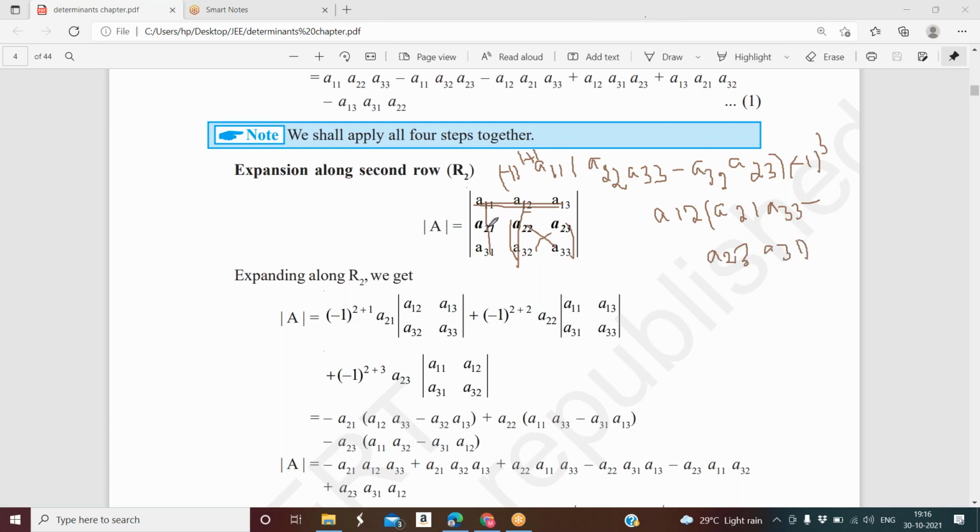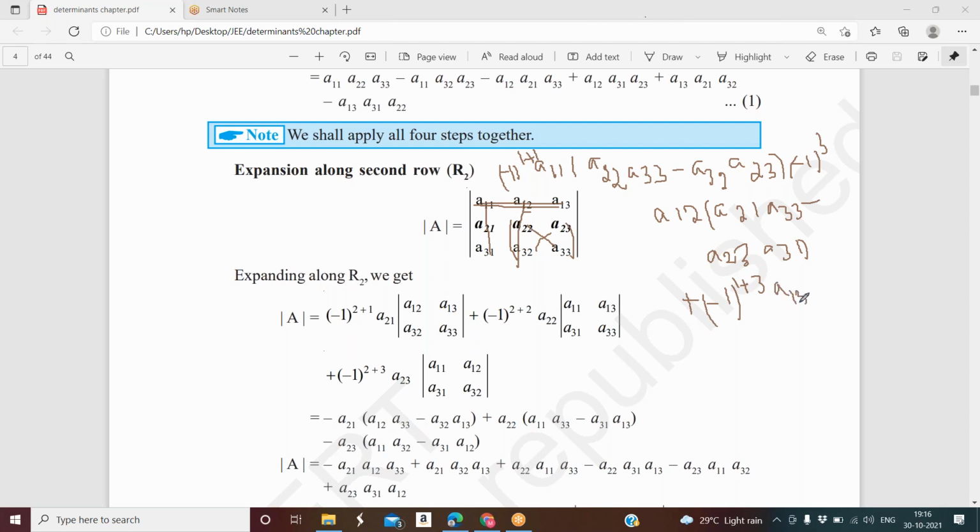Okay, A21, A33 minus A23, A31, plus minus 1 power, what is the next element? A13. So add these two numbers, you get 1 plus 3 in the power. What is 1 plus 3? It is 4. So minus 1 power 4, plus.